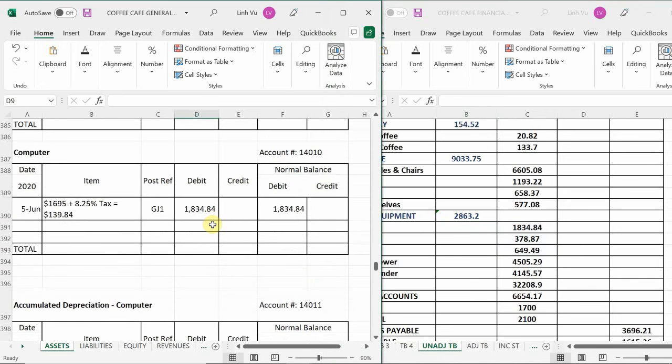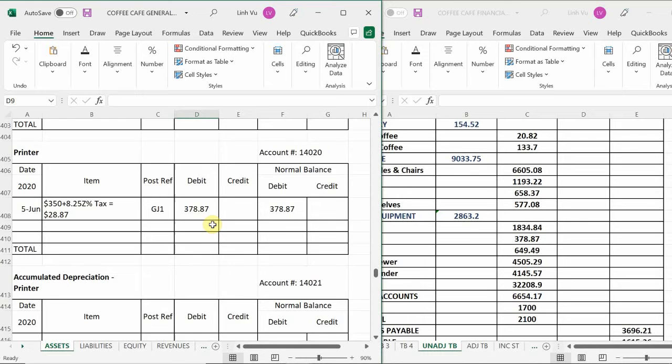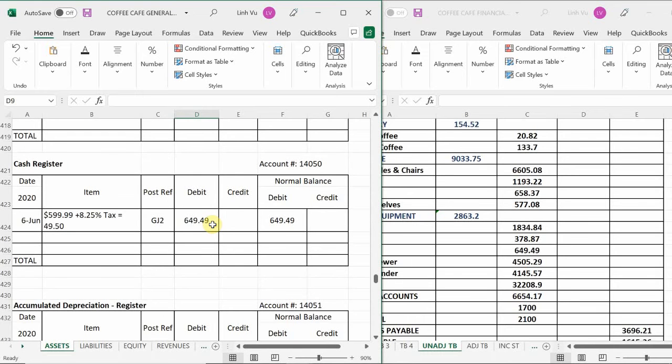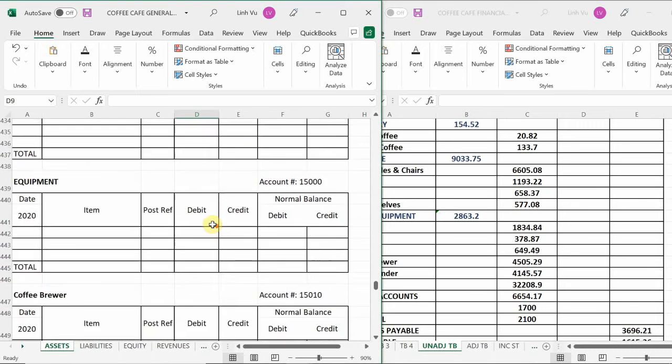So again, computer still at 1834. My printer still 378, and then my cash register still 649. So in grand total, 2863.20 for my office equipment.